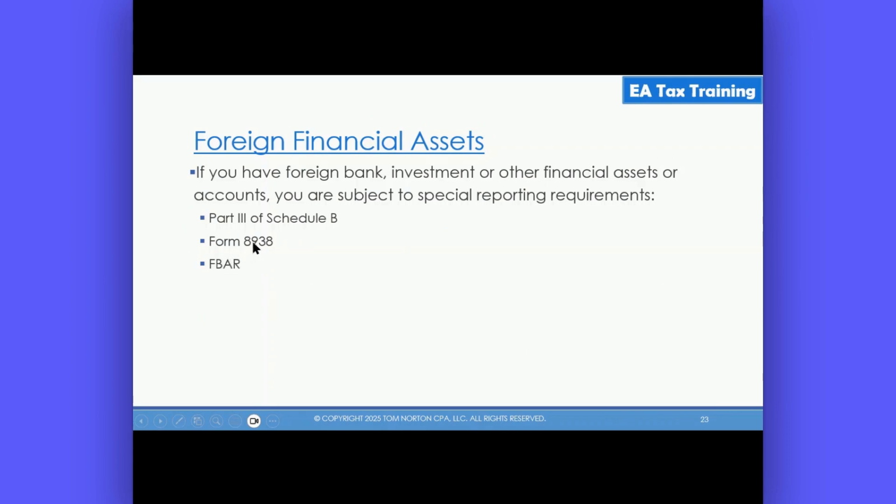So you might have to do all three of these. You might have to do two of them. You might have to only do one of them. But if you have any foreign financial asset, any type of account, then likely you're going to have to do at least one of these three, and possibly two or three of them.